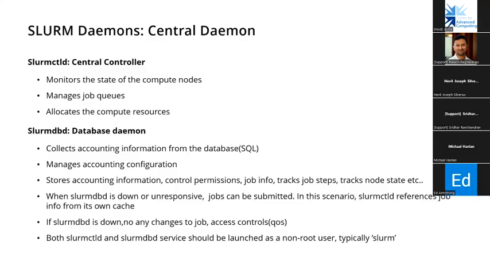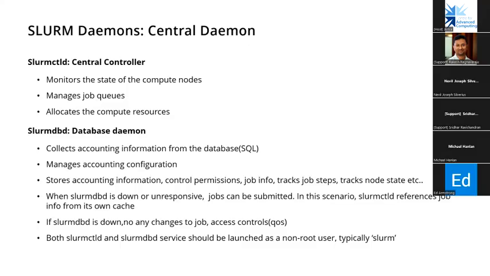When the SLURM database daemon goes down or becomes unresponsive, as I mentioned, jobs can still be submitted. In this scenario, the control daemon references the job info from its own cache. But if the slurmdbd daemon goes away, any changes to the job or access controls, in terms of QoS and things like that, can't be made, because there is nothing available to write that information to.